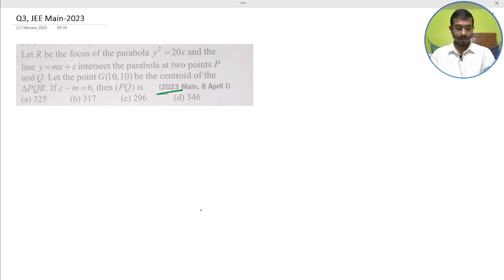If c minus m equal to 6, then the value of PQ is what? Okay. So first you should draw the diagram of the equation. This is the parabola.